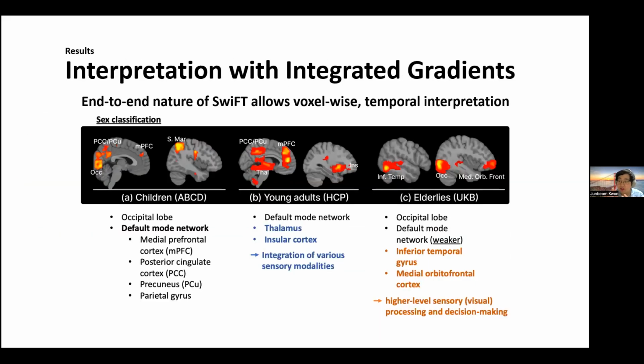Regarding the interpretation map, we have subsequences for the fMRI input. If you use integrated gradients, we can acquire the interpretation map for the input data. Integrated gradients is an interpretation method for deep learning models.